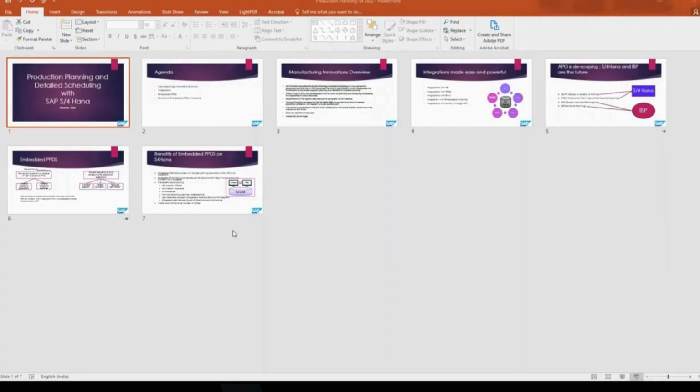And PPDS, of course, is integrated to S/4HANA. SNP and DP, these 2 are not a part of S/4HANA. These are a part of IBP. Because IBP already had some functionality to carry out demand planning and supply network planning. So whatever functionality was there with APO, they just added some to it. It's not like it is completely moved and IBP is even stronger.